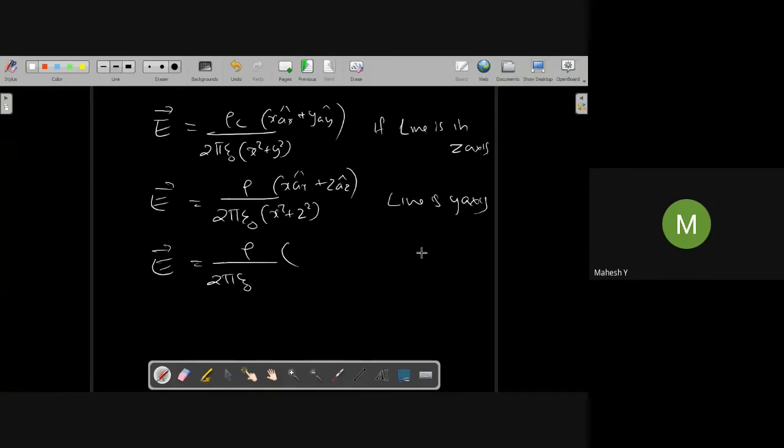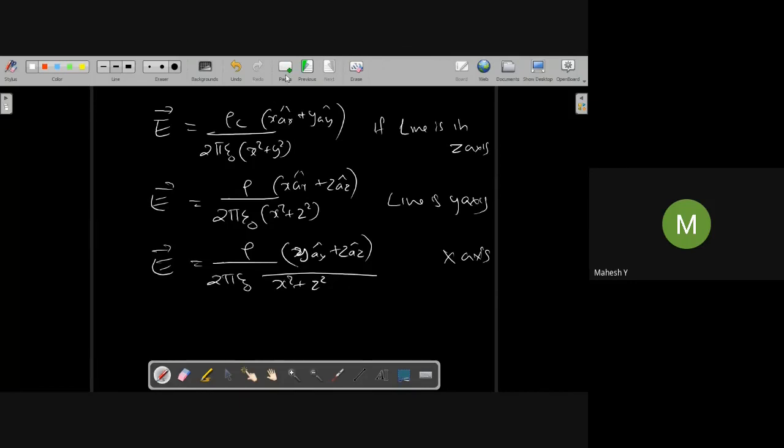Can you tell me for line in x-axis what is the case? Here it will be y ay cap plus z az cap divided by y square plus z square.